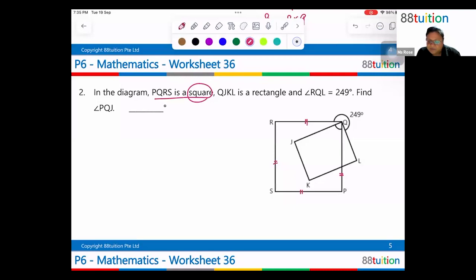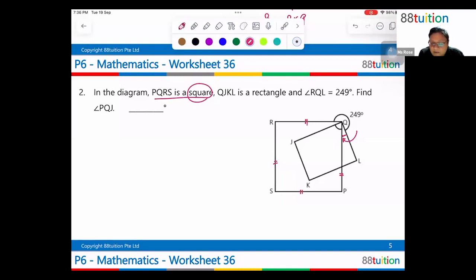Okay, so from here, we know that to find this angle here, how do I find this angle here? Anyone?